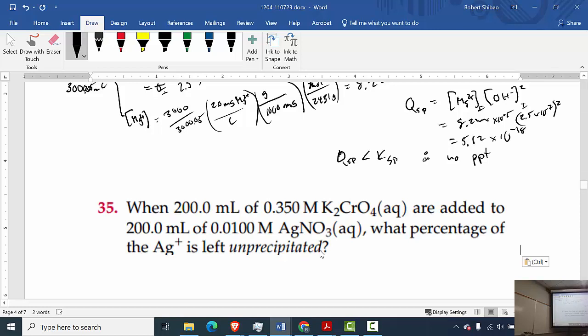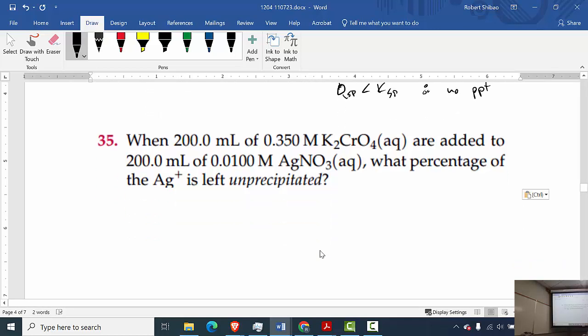So this is kind of like the same type of deal. When 200 milliliters of 0.350 molar potassium chromate are added to 200 milliliters of 0.0100 molar silver nitrate, what percentage of the silver ion is left unprecipitated? And so here we can calculate the percent precipitated, and the difference would be the percent unprecipitated, or we can calculate the percent unprecipitated directly.